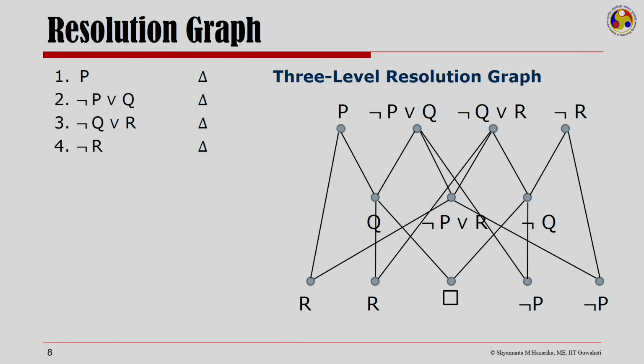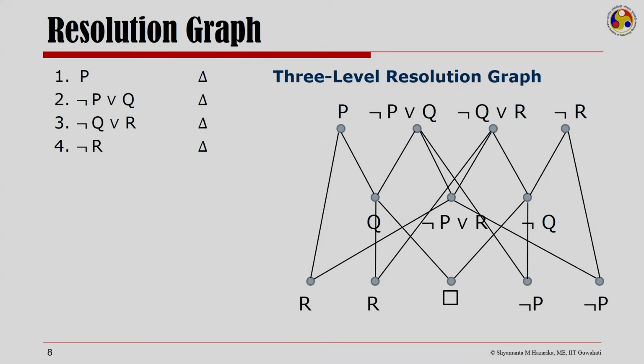Very close to this concept of resolution derivation is the concept of a resolution graph. So, if I have a set of clauses delta as shown on the left of your screen, for ease of writing I have just taken propositional clauses, but it equally remains true for clauses that would have variables in them.